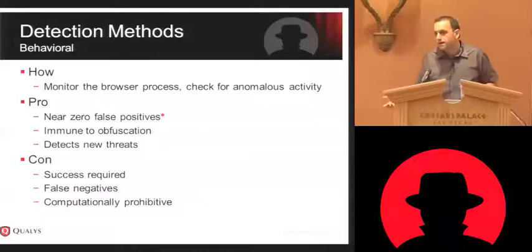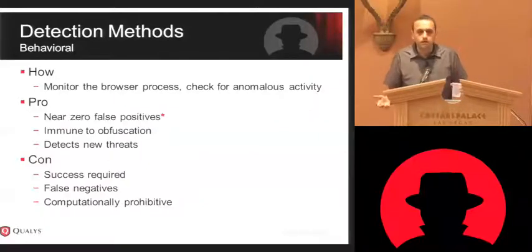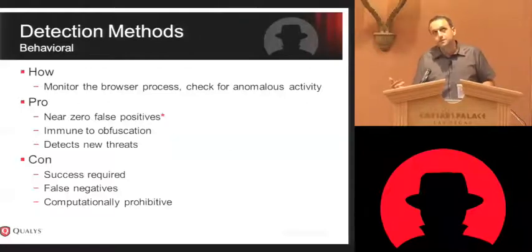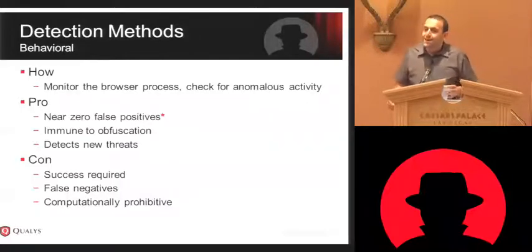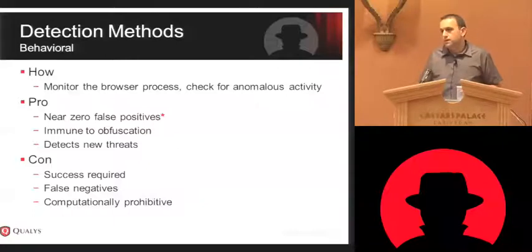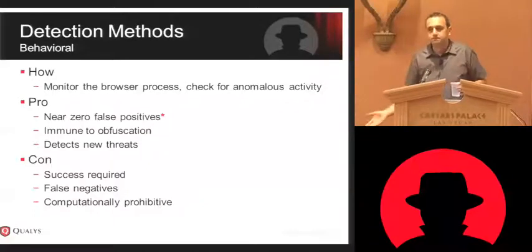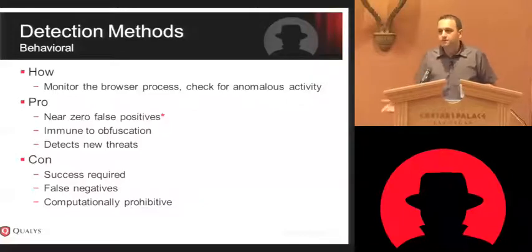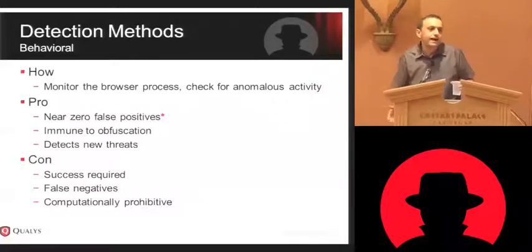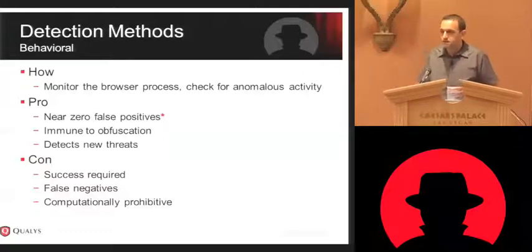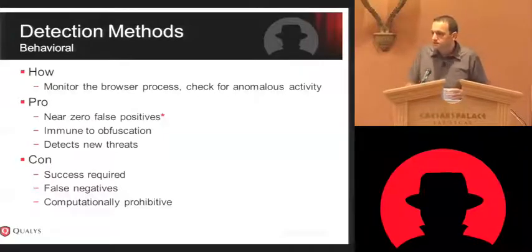Sometimes they require an internet resource to be up and it's down, or sometimes the vulnerability that they are exploiting is non-deterministic, where it only works some of the time. If I'm doing a heap spray and I just didn't spray enough, I jumped into the wrong place, a lot of this will result in browser crashes and things like that. So that's another knock against this method of detection.